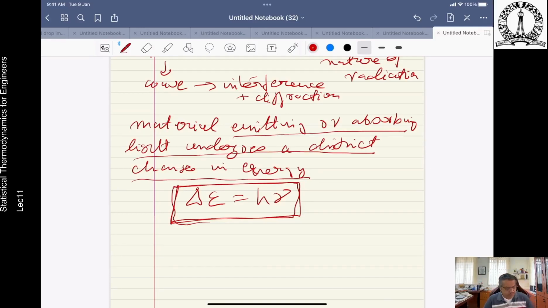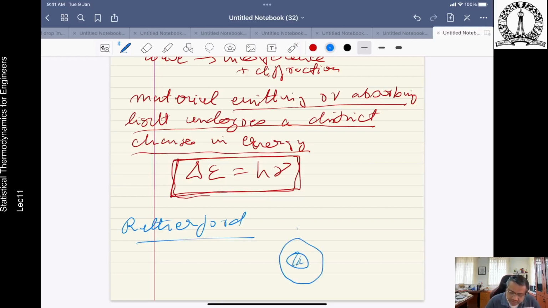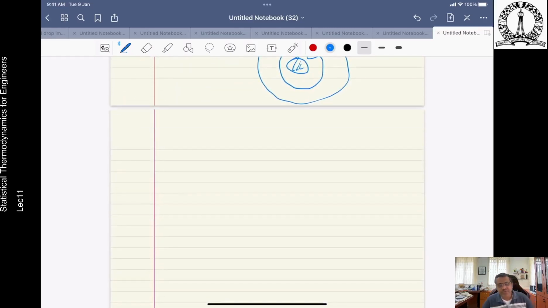Now, subsequently, when all these things were going on, Rutherford proposed that the atom is composed of a central nucleus, and then you have the rotating electrons. These are the electrons. So this is an atom model that was proposed by Rutherford.